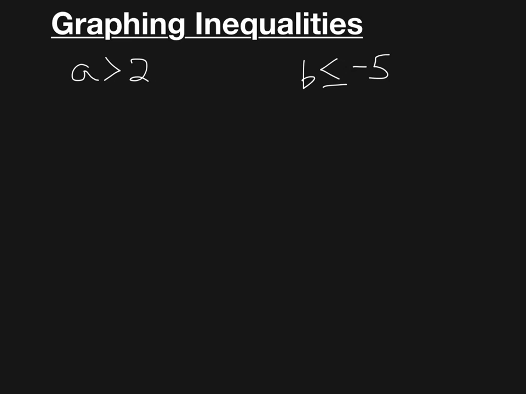A could be 3, a could be 4, a could be 216, a could also be 4.6, could be 2.00001, right? Because that's still greater than 2.